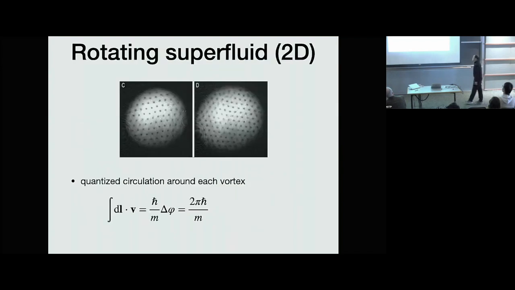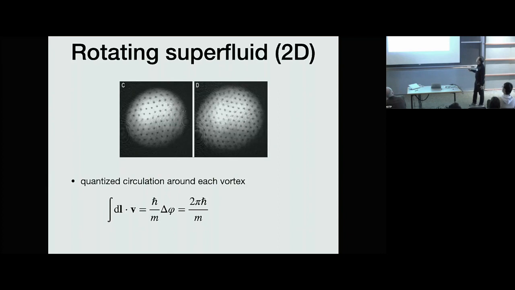So let's take a two-dimensional Bose-Einstein condensate and rotate it. Actually, that has been done in cold atom experiments. We know that when we rotate a superfluid, a superfluid cannot accommodate a rigid motion. What happens is that there will be a lattice.